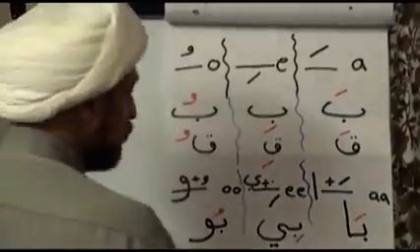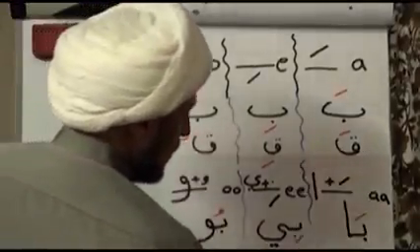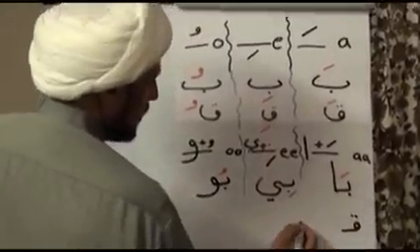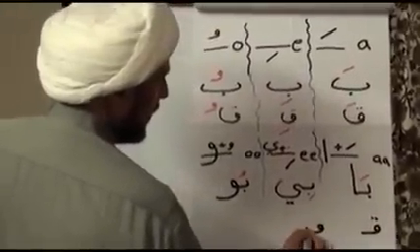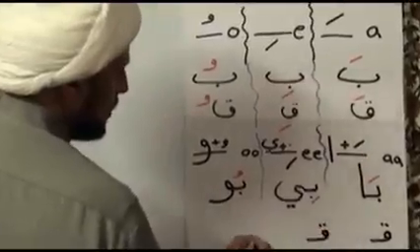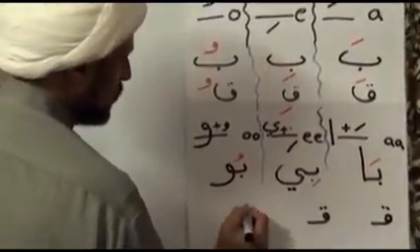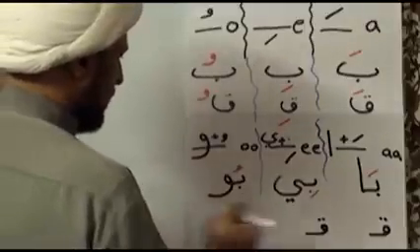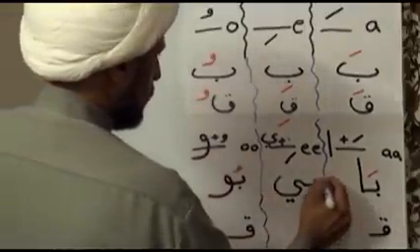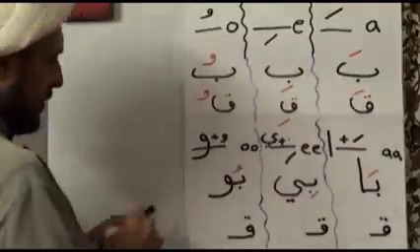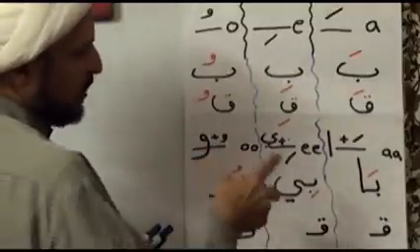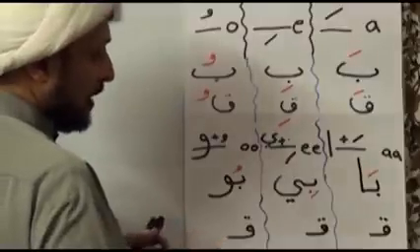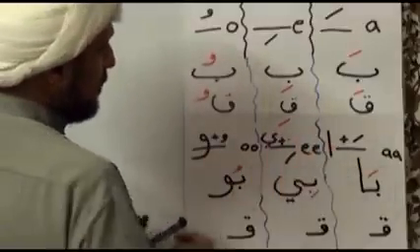Let's do the same thing with qaf. Let's cut the tail and stretch it. So now we have this is qa. We have cut the tail because we want to attach it with a vowel letter. We have vowel signs and vowel letters.